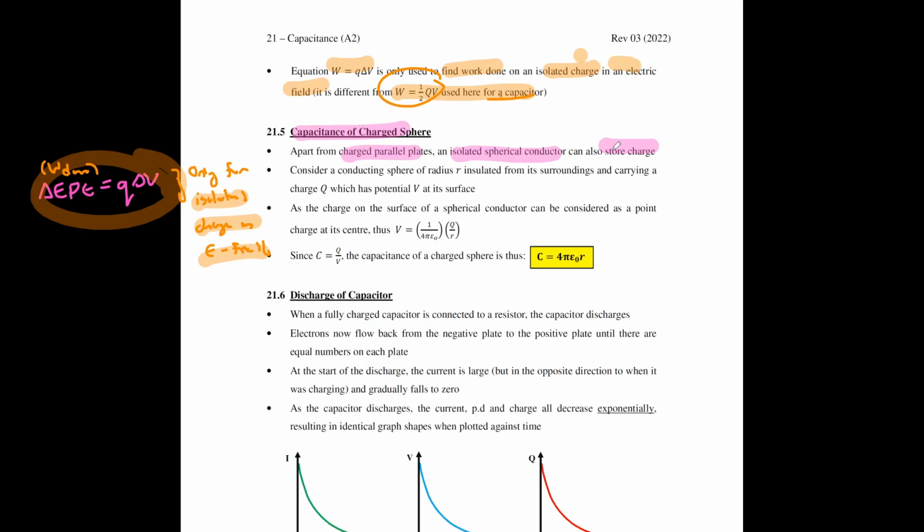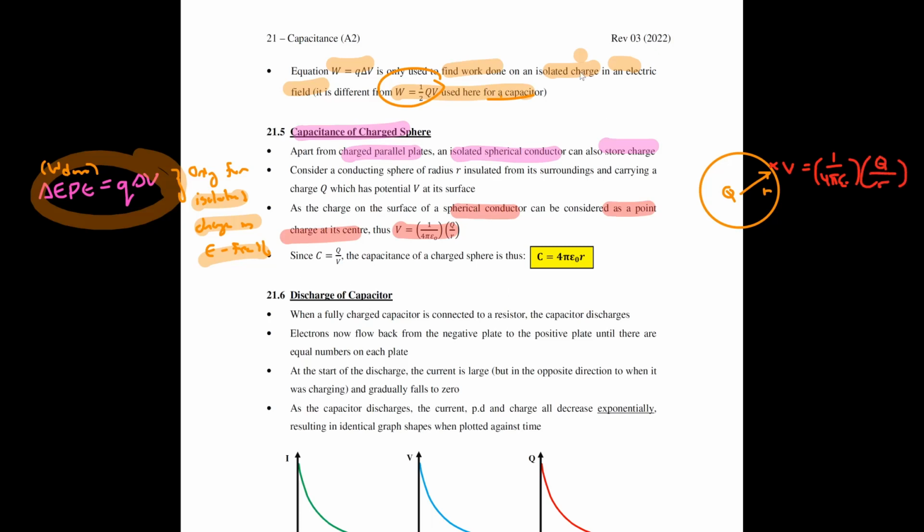If you were to consider an isolated conducting sphere of radius r, which carries a charge Q and has a potential of V at its surface. As this is a spherical conductor, you can assume that it is equivalent to a point charge. So your potential at the surface is going to be equal to 1 over 4 pi epsilon naught, Q over r.